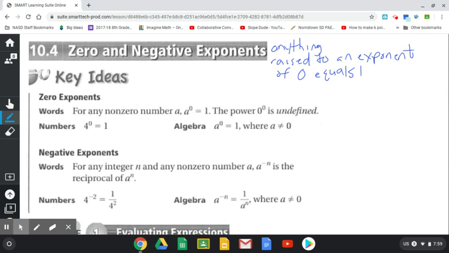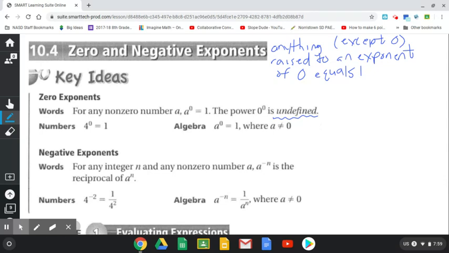Anything raised to an exponent of 0 equals 1, except a 0 itself. You can't have 0 to the 0 power, because if you do, it's undefined. Anything else raised to the 0 power is 1. Doesn't matter how big or small the number is.